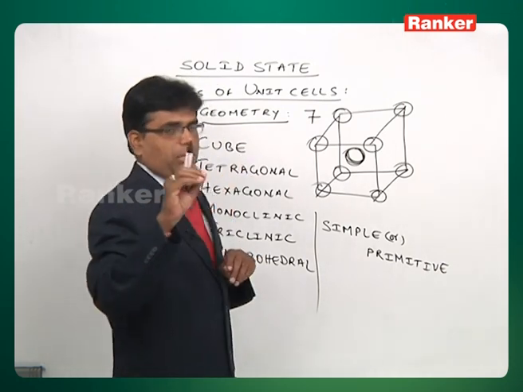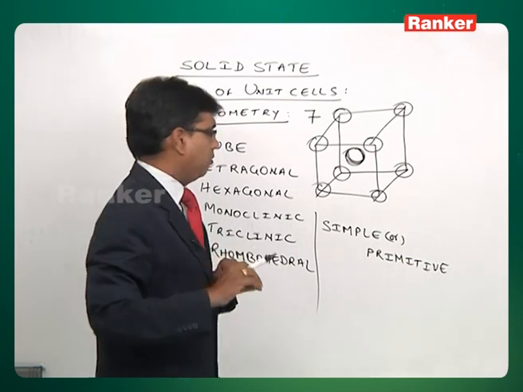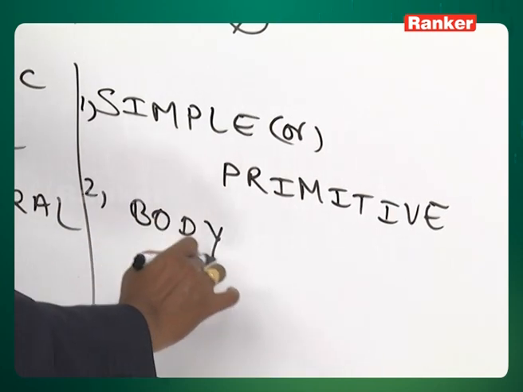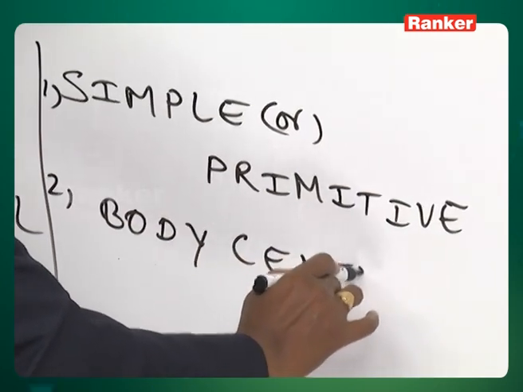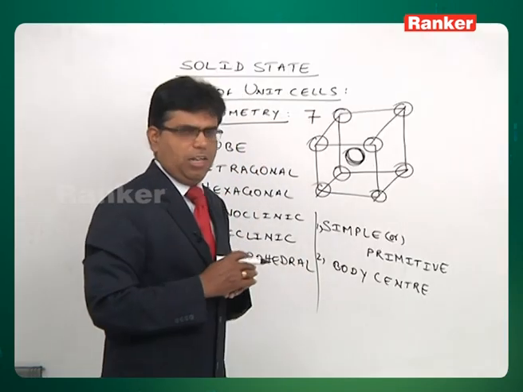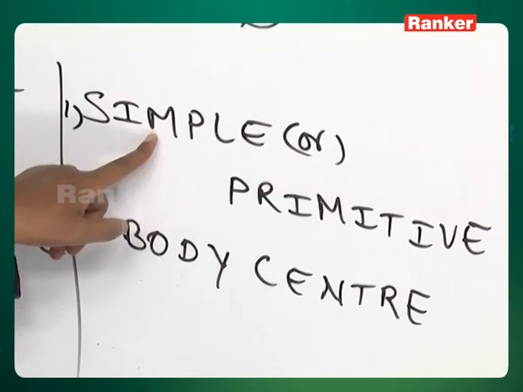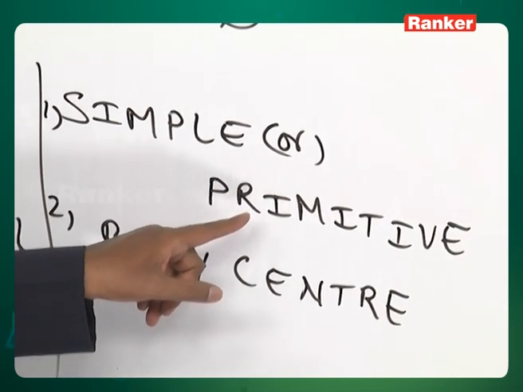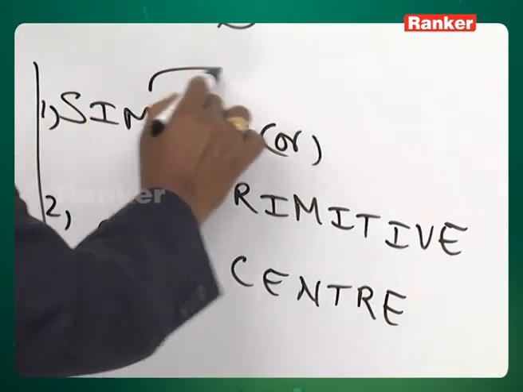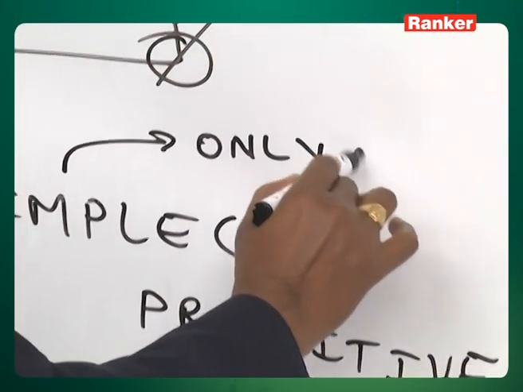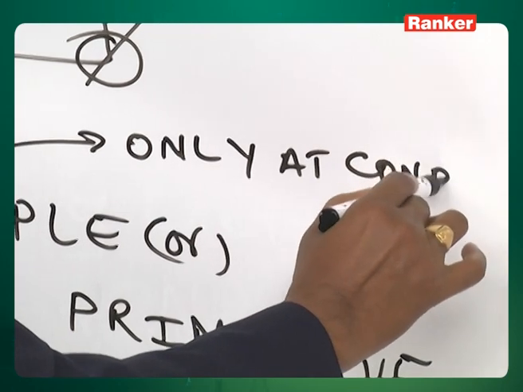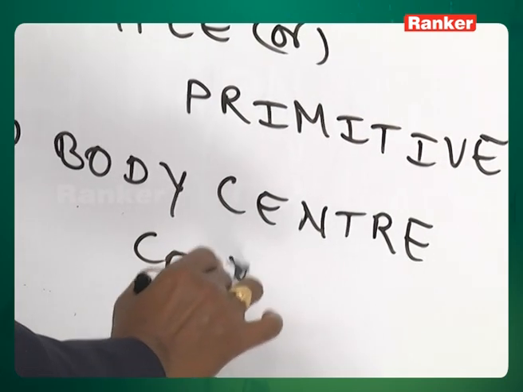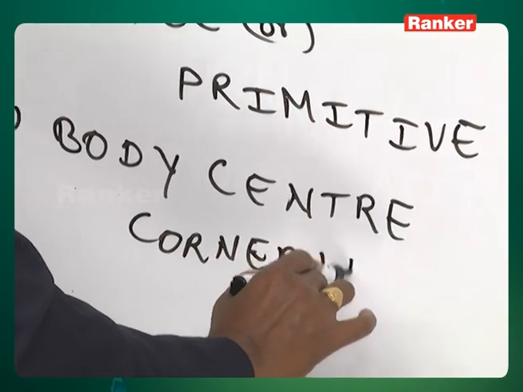If you keep an atom or ion, that is a particle, at the center of the body, then we call it a body centered cube. Simple cubic or primitive cubic, where the atoms or ions are placed only at corners. Body centered means corner plus body center.